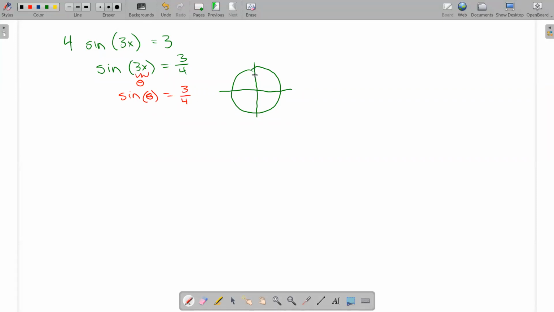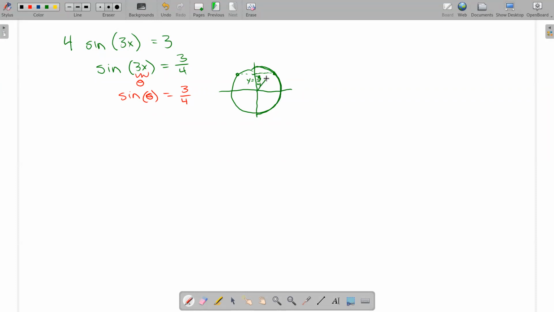sine is a y value. So up here, roughly, would be y equals 3/4. That leads to this point here, or that point there. Now, the sine inverse only knows about solutions on this right side.